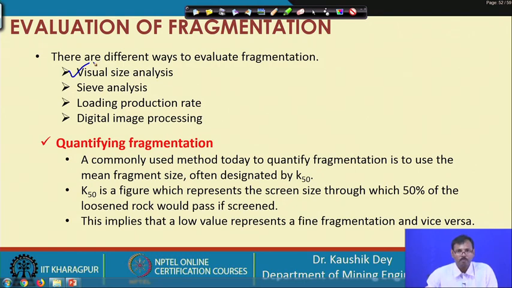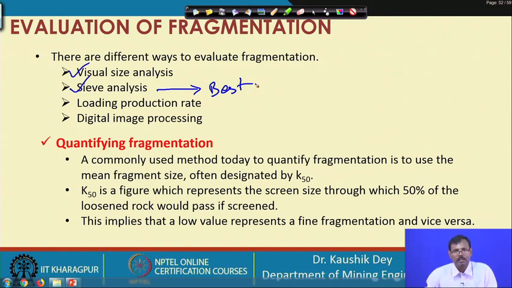The best way to achieve the most accurate fragment size distribution is sieve analysis, where different sizes of sieves are placed and we analyze the amount of material retained on each screen, and finally we try to achieve the fragment size distribution between the screen sizes. This is very important, and it gives us the most accurate result.